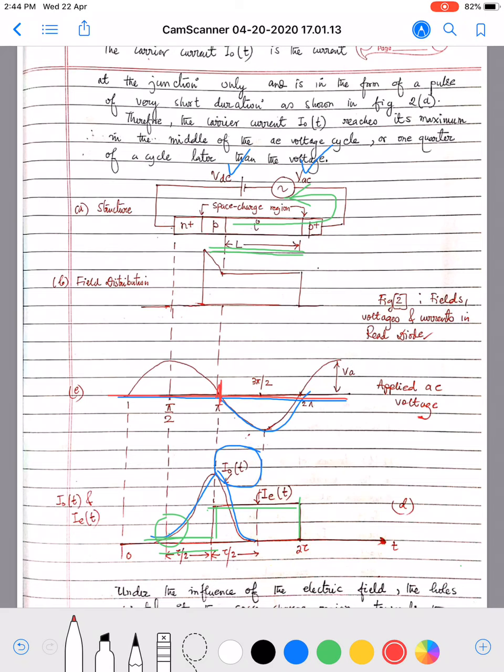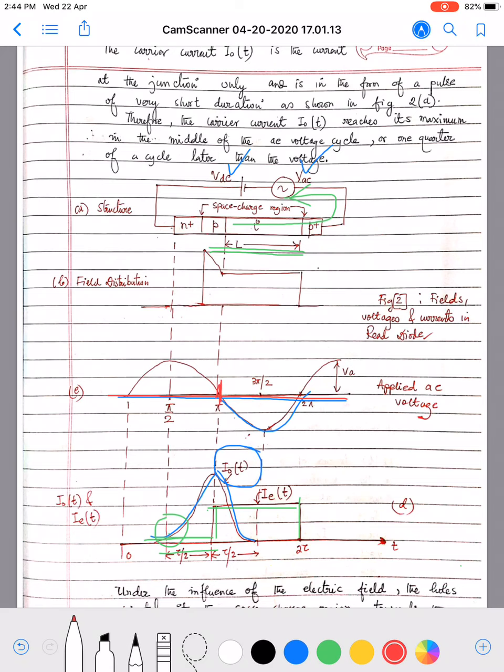And what is tau? Tau is equal to L by Vd. Now T is equal to 1 by f, so I can write it as 1 upon 2f. Hence f is equal to Vd upon 2L.